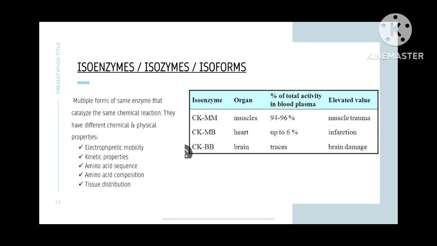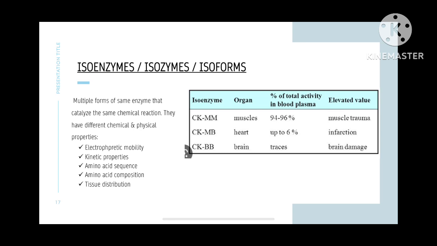In simpler terms, class, some enzymes, let's say for example creatine kinase, have been subdivided into 3 isoenzymes based on their tissue distribution. So the CK-MM, majority of it comes from the muscles. The CK-MB, majority of it is found in the heart, while the CK-BB, majority of it is found in the brain tissue.